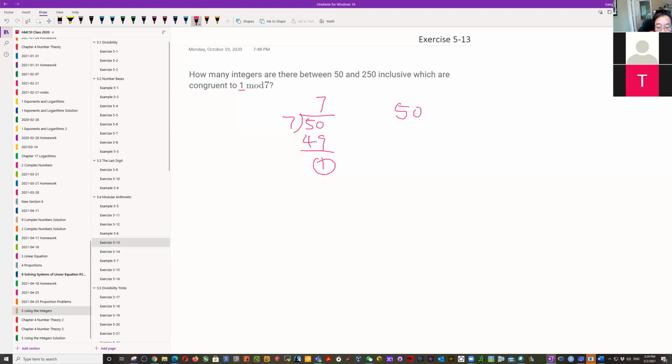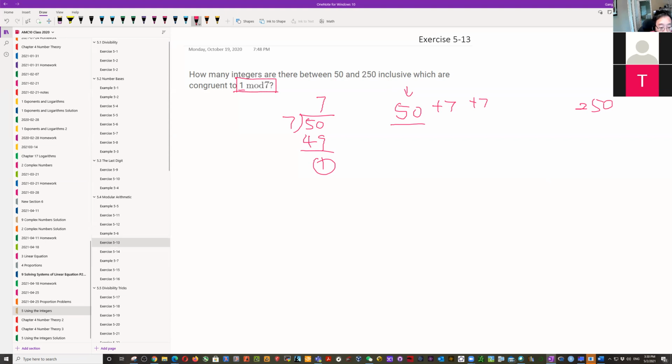So 50 is the starting number and it actually satisfies. We just add 7 until we hit a number below 250, and then we will go with the numbers above 250. How do we do this, because that's actually quite difficult to gauge, and you have to do a lot of guesswork. So what we are trying to do is use the definition of modulo.